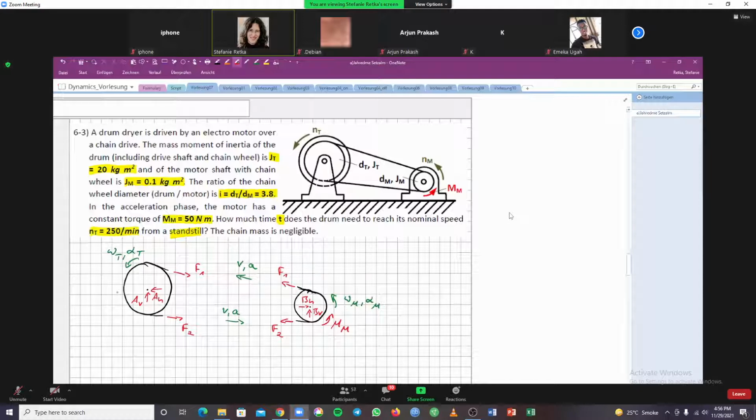Meaning that we have an inertial moment here, J_t times alpha_t, and an inertial moment on the motor, J_m times alpha_m. Okay, and this is our free body diagram.